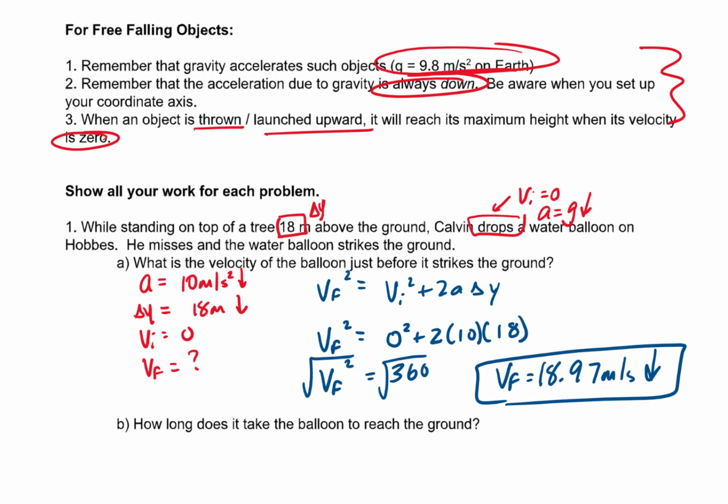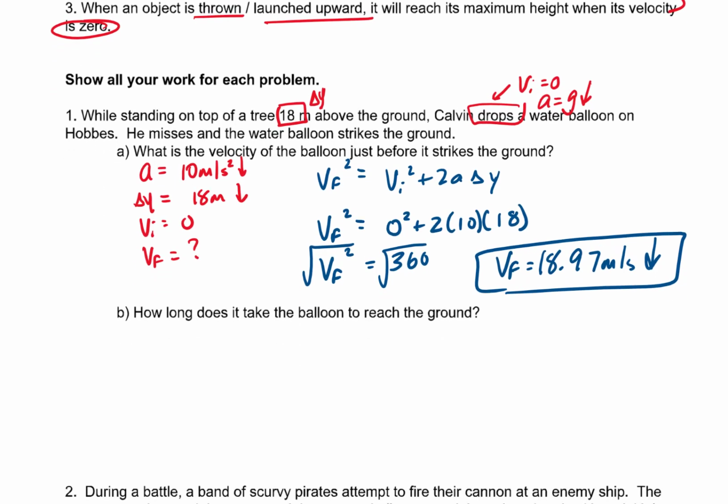How long does it take the balloon to reach the ground? Now we need the time. All the information is the same, so we're going to use the first equation, v final equals v initial plus acceleration times time. I could use any equation that we want to. So we plug in 18.97 is equal to 0 plus 10 times the time.